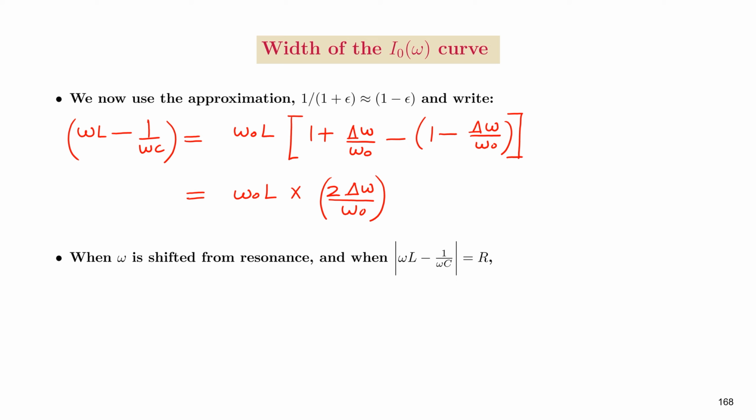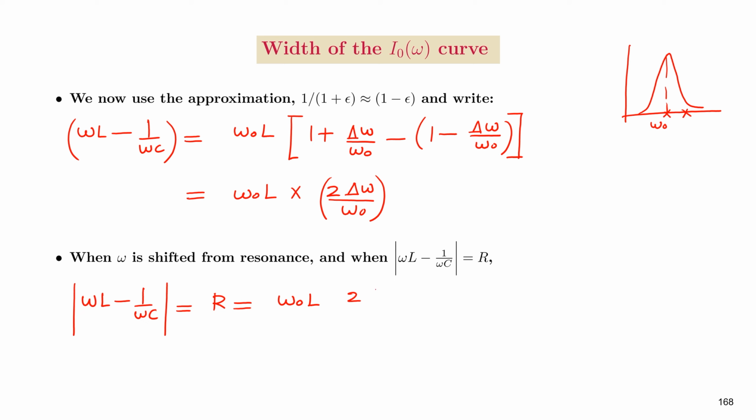When omega is shifted from resonance, so this is omega 0 at resonance, let us consider this point. So when omega is shifted from resonance, and also when modulus of omega L minus 1 by omega C is equal to R, when these two conditions are satisfied, we can write omega L minus 1 by omega C equal to R, and that is equal to omega 0 L multiplied by 2 times mod delta omega divided by omega 0.